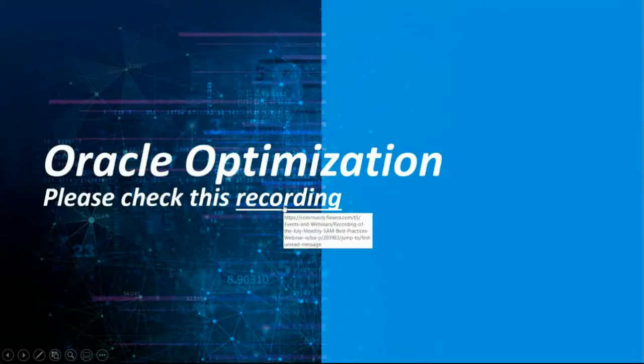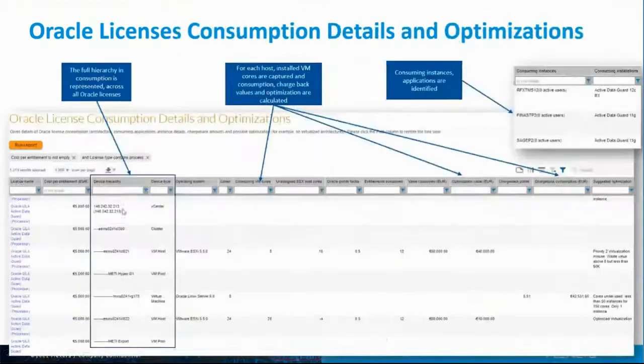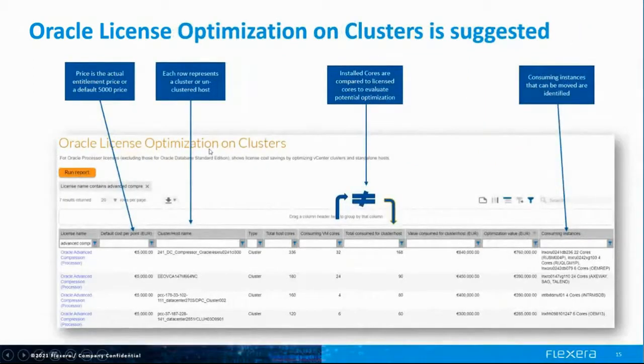I will be fast because I want to talk about Java, which is a big topic. This recording will contain a 1-hour webinar, which is just introducing these reports that have been implemented out of the box. 2 of them, this one and this one, are in 2021 R1, which is the version released back in July.